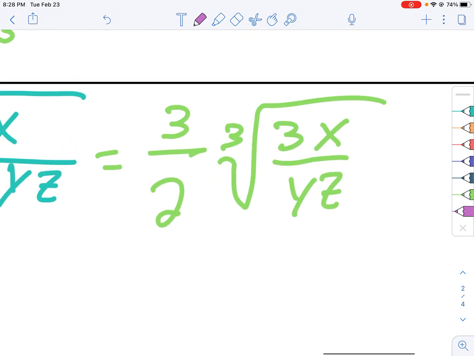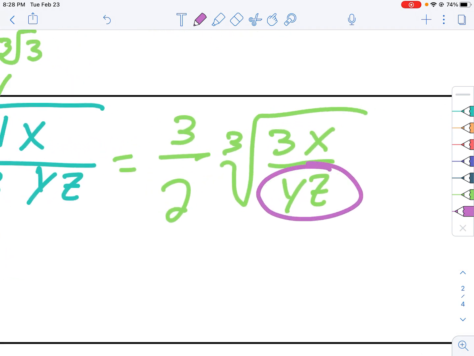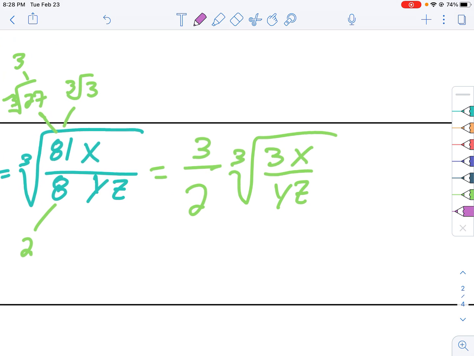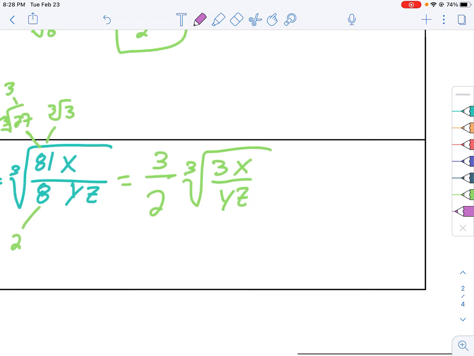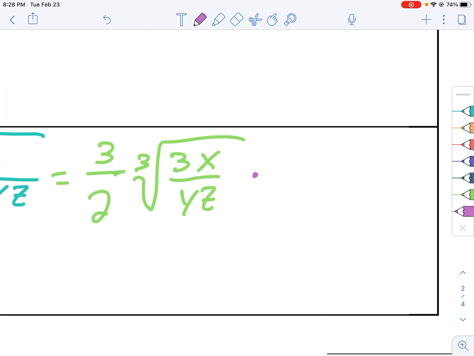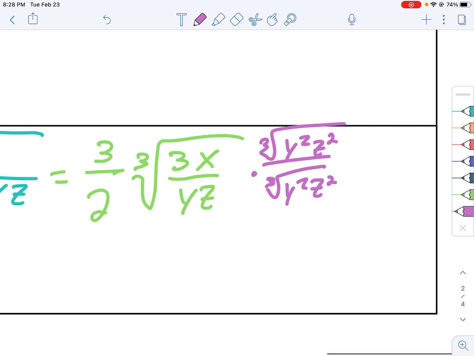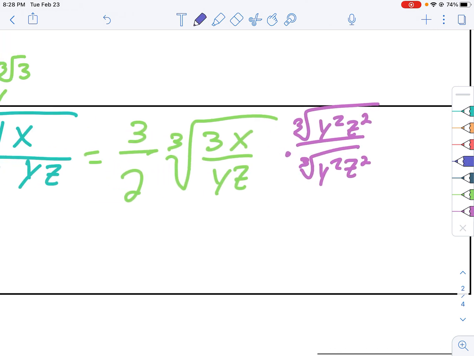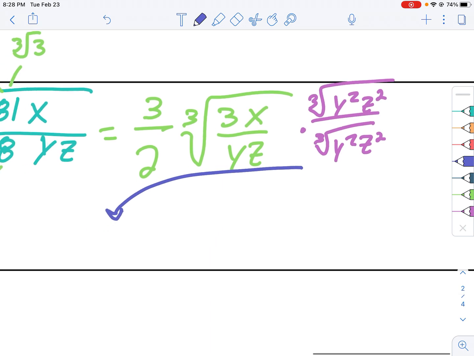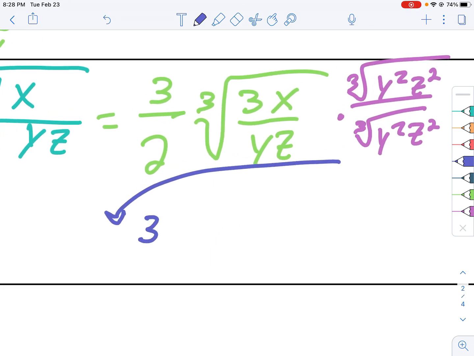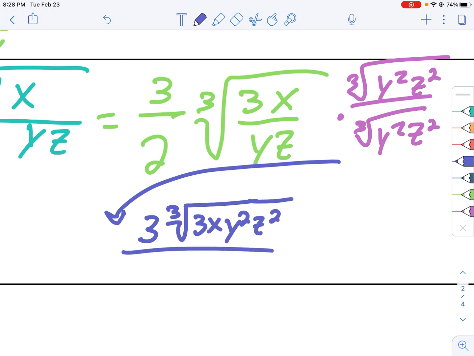Okay, here's the hard part, right? We need to rationalize this denominator because there's a cube root yz in the bottom. So we need to make y and z perfect cubes. So we're going to multiply by the cube root y squared z squared over cube root y squared z squared. Why do we do that? Because if you check this out, right, now we have 3 cube root of 3x y squared z squared.